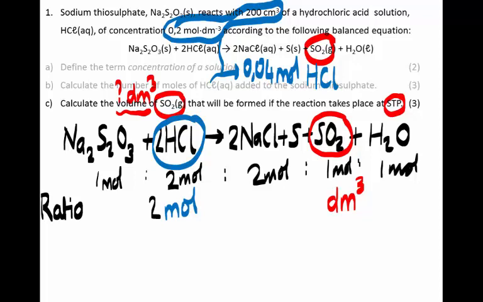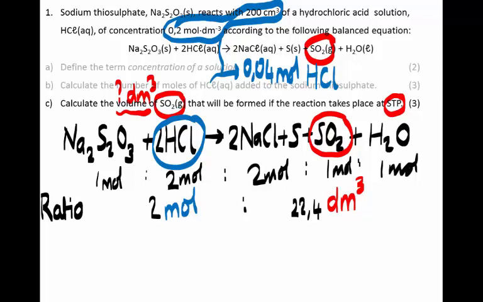Obviously, 2 moles is the same thing as 2 moles. Now here we are asking ourselves, 1 mole is how many decimeter cubed? And we know that this is at STP, so the answer is 22,4 decimeters cubed. So this is the ratio in which HCl and SO2 react in this particular reaction. Not always, but in this reaction. Every 2 moles of HCl produces 22,4 decimeter cubed at STP of SO2.